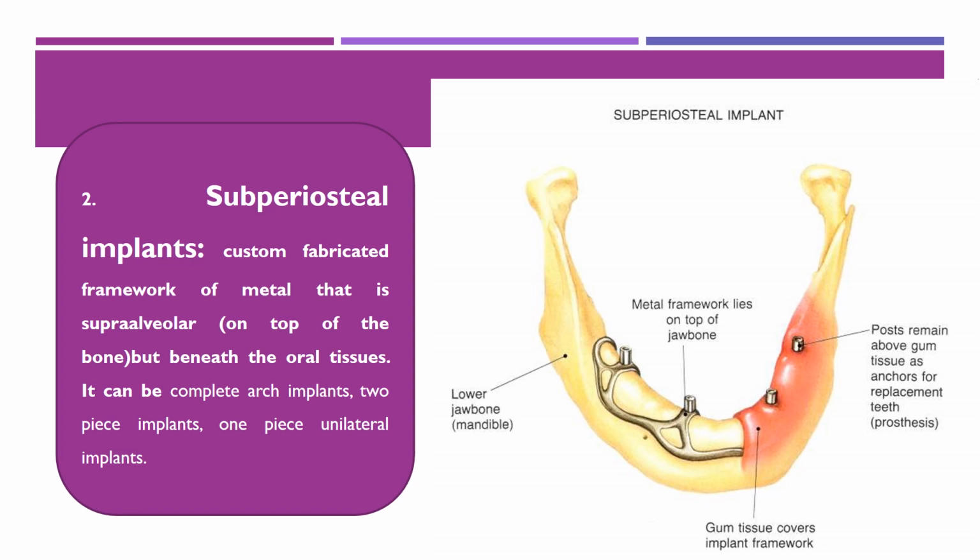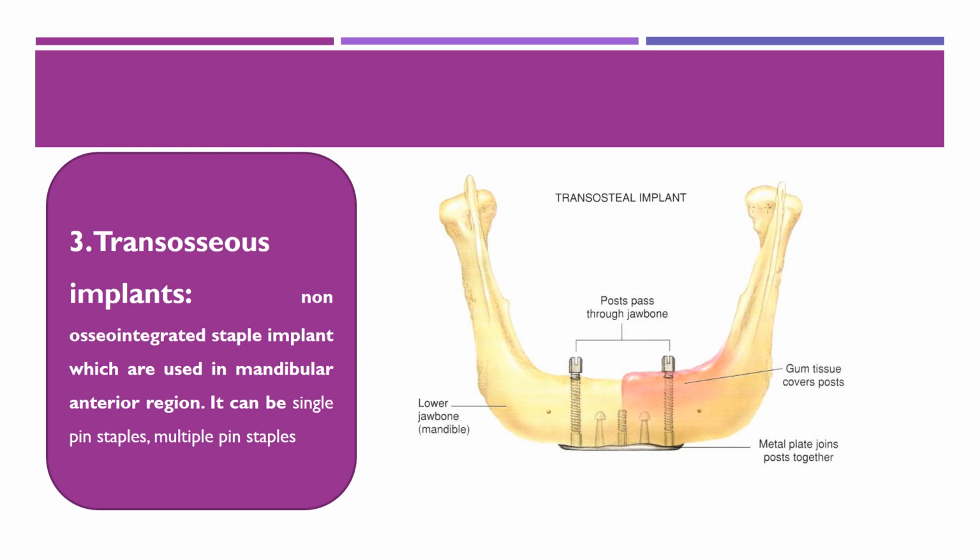So then coming to the next type, that is transosseous implants. So there is a non-osseointegrated staple implant type which is used in the mandibular anterior region. So this is not based on the concept of osseointegration. So this will be like a stapler type. There is a post passing through the jawbone.